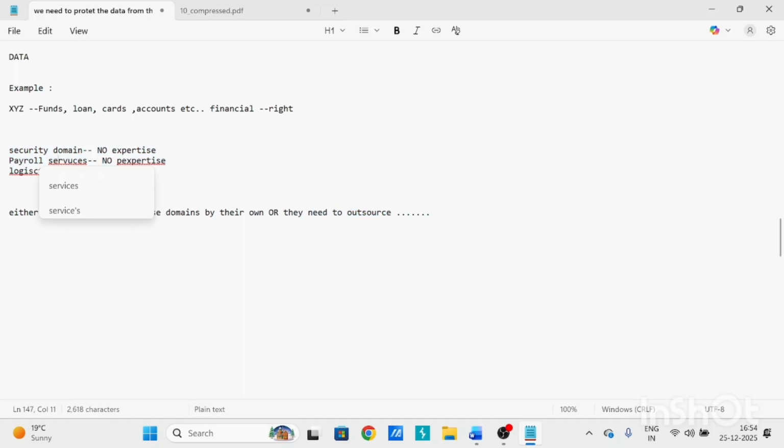So they hire vendors to manage their security domains, their payroll services, and their logistics part. See, why is the security domain required? Because data is there. So the bank has to manage the complete security posture, the security measures of the data, so that your data would be safe.